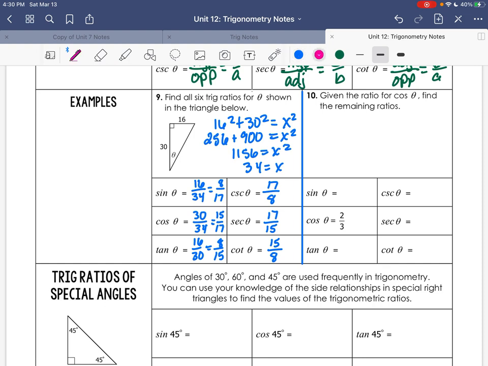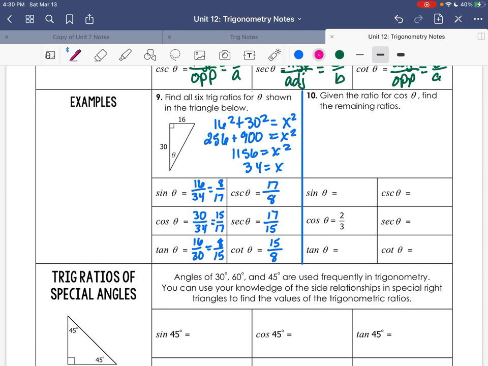Now, number 10 says, given the ratio for cosine theta, find the remaining ratios. I'm just looking at this and I'm seeing that the question does not give us enough information.